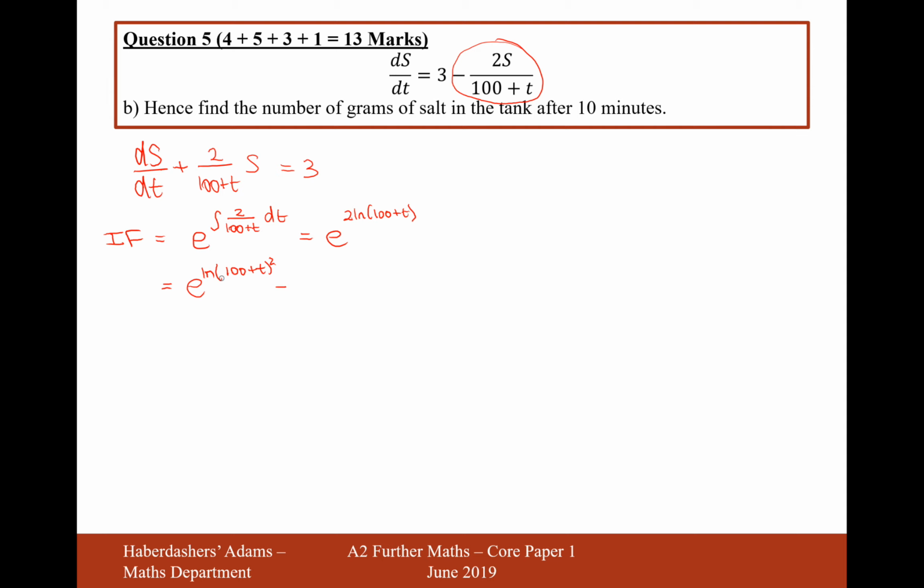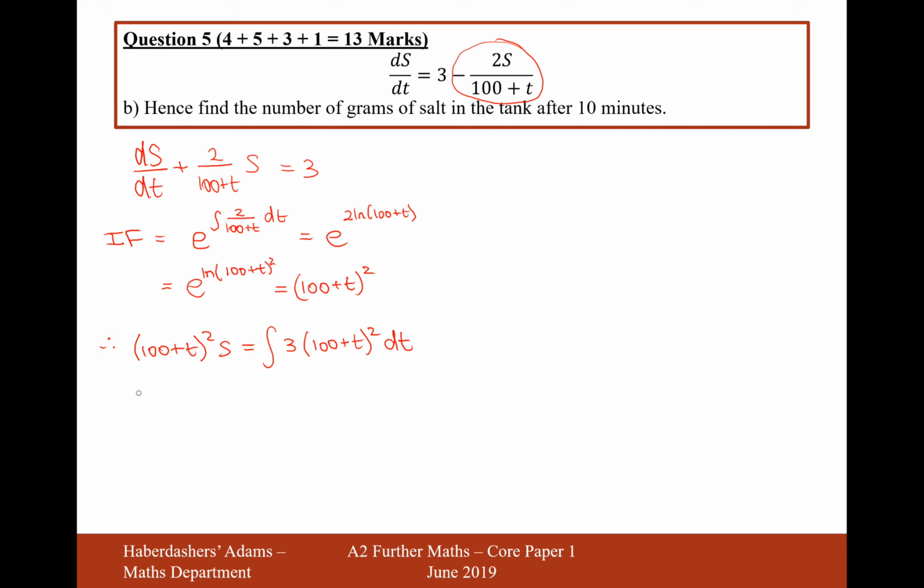Now we can cancel out the e and the ln, so it's going to be (100 plus t) squared. So therefore our answer is going to be (100 plus t) squared times S equals the integral of 3 times (100 plus t) squared dt.